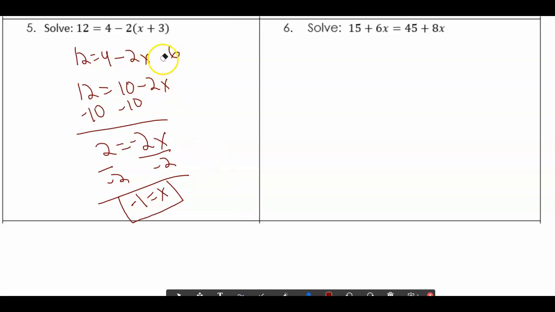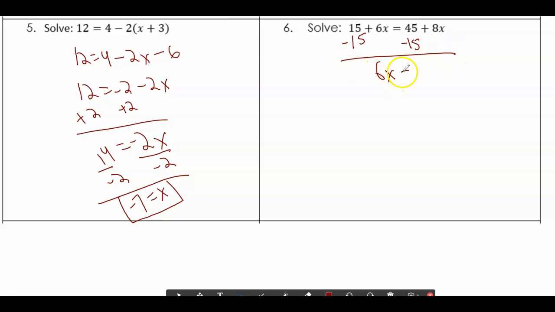I'm going too fast. I keep making mistakes. So notice this is subtraction, so this is negative 2. So I'd add 2 to both sides. Here I can't simplify the sides any further, but I can move my variables to the same side.